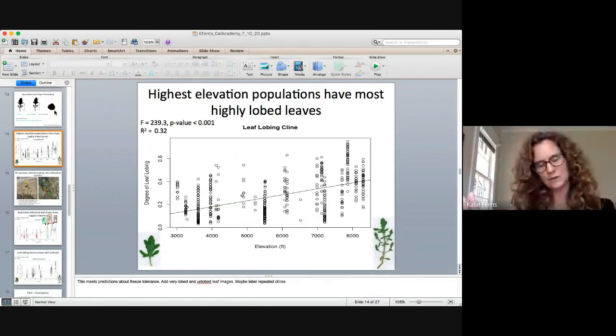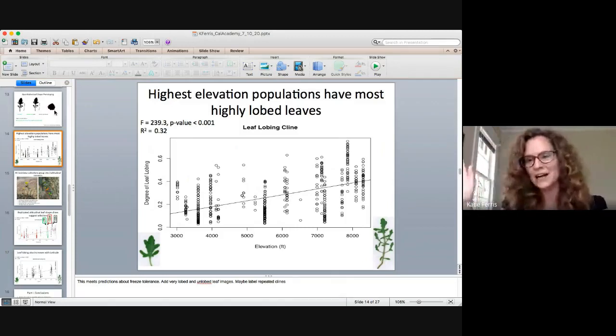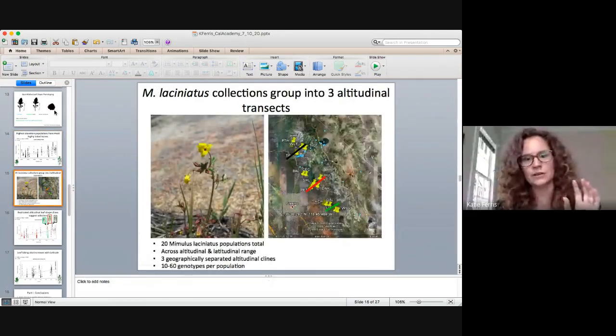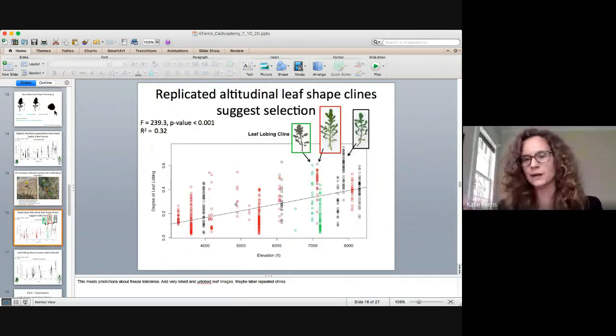So what I said about this slide is that there is a positive cline where you see more highly lobed leaves in high elevation populations across the species range. And again, just to remind you, there are 3 independent altitudinal climbs within that range that I collected from, and you see this same pattern of high elevation populations having highly lobed leaves in each climb.